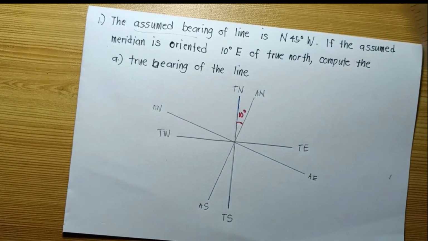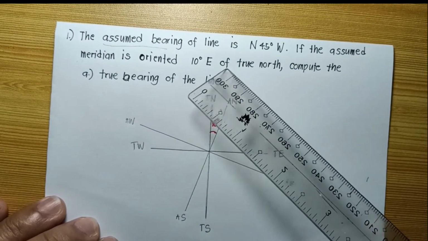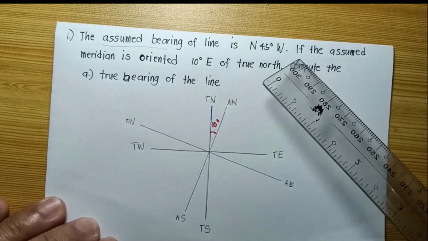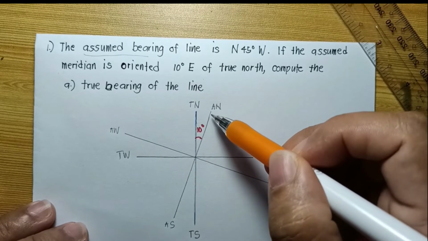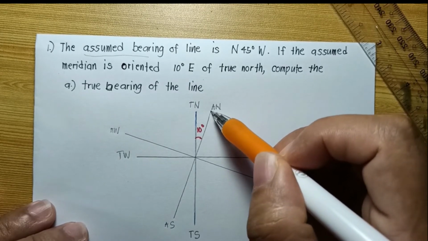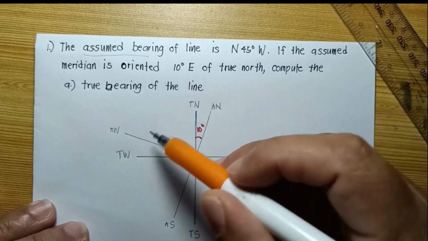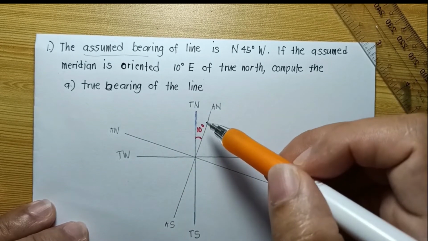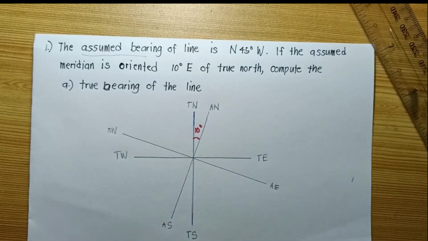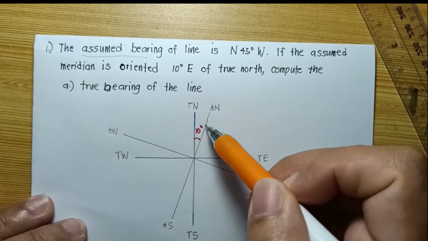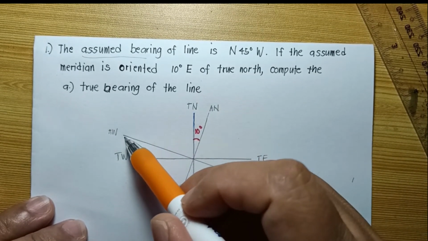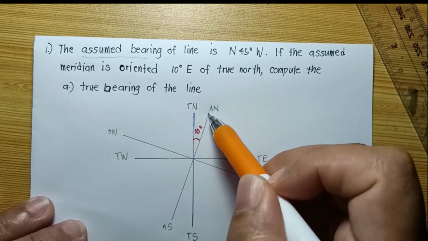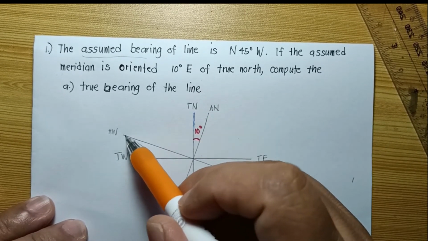Now we have the bearing of line north 45 west, so meaning to say from north, then in the northwest quadrant, that is 45 degrees west, that is the location of the line, so it is somewhere here. So this is 10, so 45 is somewhere in the middle of this quadrant, assumed north and assumed west.